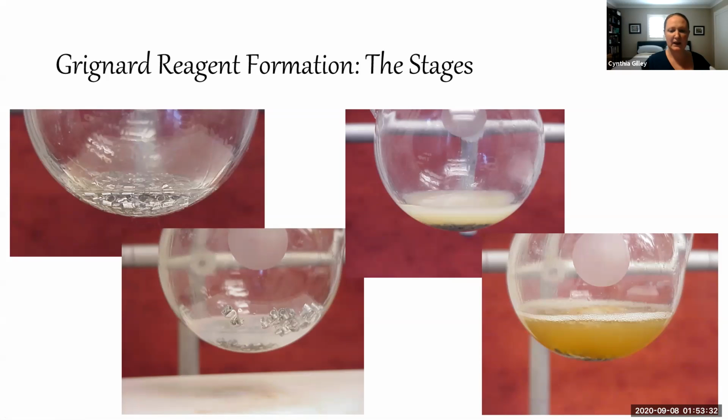At this point, the reaction is often refluxed for at least 15 minutes or longer. During this time, a lot of the magnesium will have reacted, so the amount of magnesium present should go down substantially. And now we have a solution of the Grignard reagent that is ready to receive the electrophile.